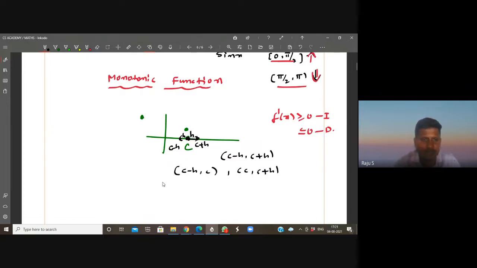Okay, students. So here f of C minus h, the function value, is lesser than f of C, which is lesser than f of C plus h. In this case, what about the function?